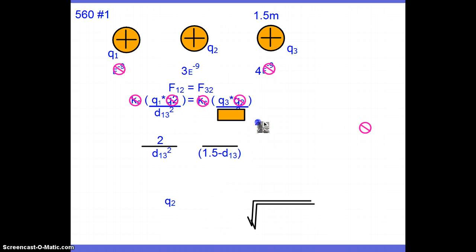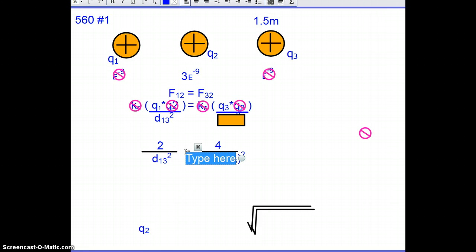That goes there. Squared comes along, and the 4. And one mistake I made was not making an equal sign, so let me real quick make an equal sign. Boom. There we go. We've got an equal sign. So make sure that yours matches what I just did.